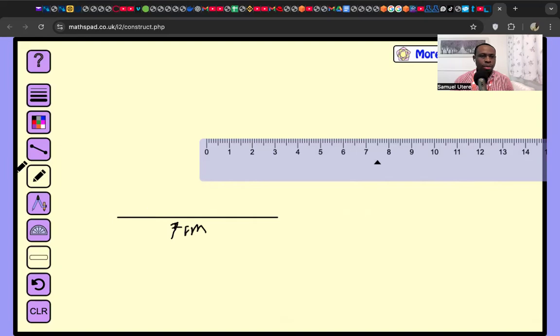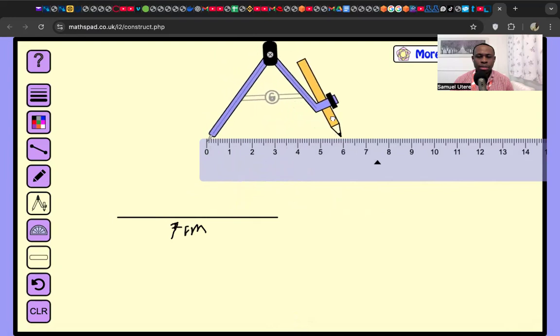And then we take our compass and we want to have 6 centimeters. So we position our compass right there. And we open the compass to be 6 centimeter.